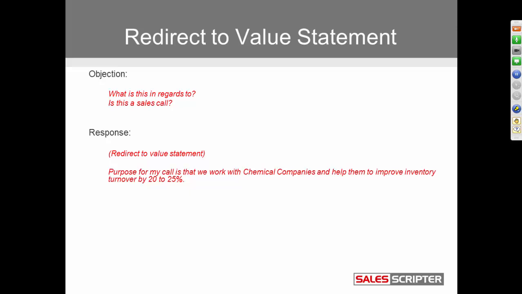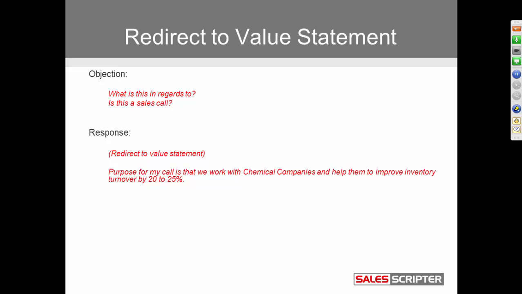These are very common objections that gatekeepers will give you, and you can also get these from the target prospect. I would refer to these as screening objections. They're really looking for you to say something that identifies you as a salesperson, so they can know, okay, I need to get rid of this person.